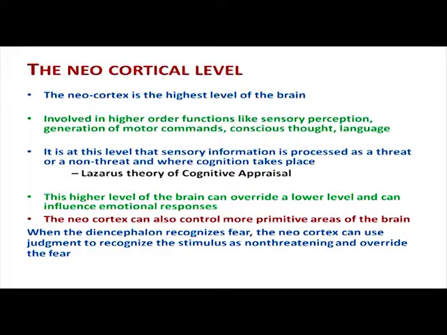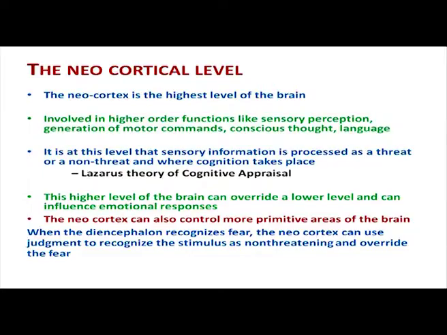In fact, what response will it be? Whether it will be a fight response, a flight response, or many times a freeze response, as in pretending to be dead, which is done by several animals, and even by a rape victim during the traumatic event. This selection of the response is done at this neocortical level.